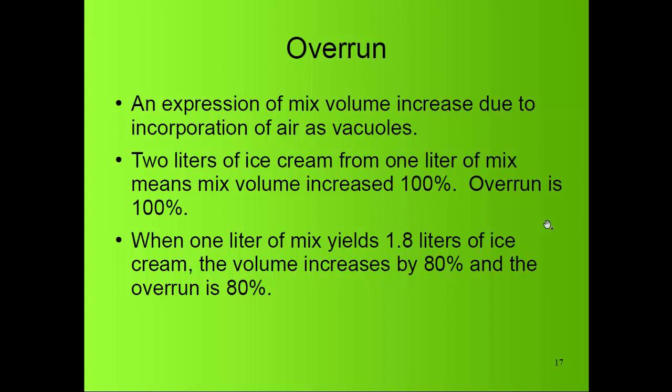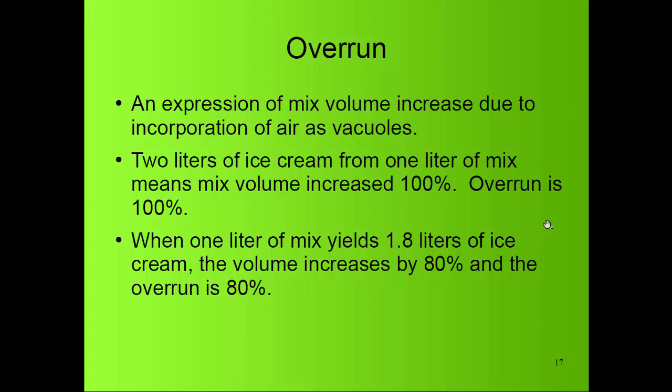So if you remember in the lab where we made a simple vanilla ice cream, we took milk and cream and sugar and a little bit of salt and vanilla, and we mixed it together. So this was the ice cream mix. Then, while we were freezing it, we churned it and kept forcing air into it.